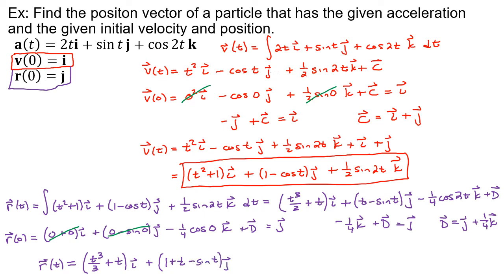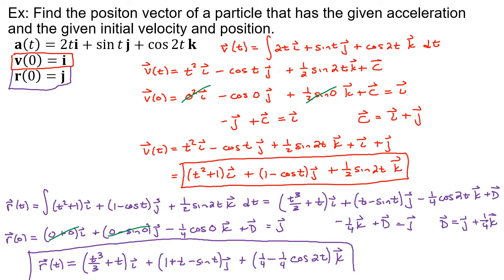And the k picked up a 1/4, so I'll have a 1/4 minus 1/4 cosine 2t on the k. And that is my position vector. And you could also factor out the 1/4 if you wanted to.